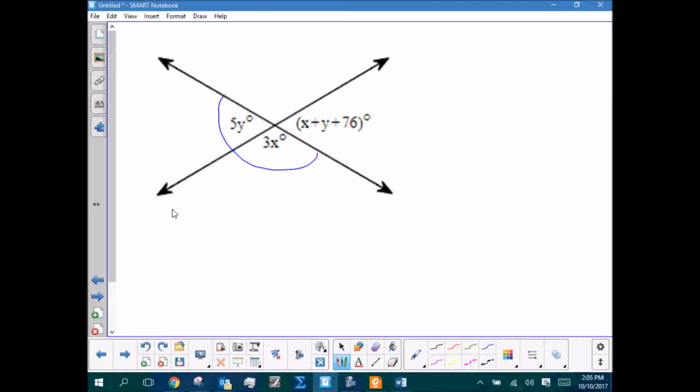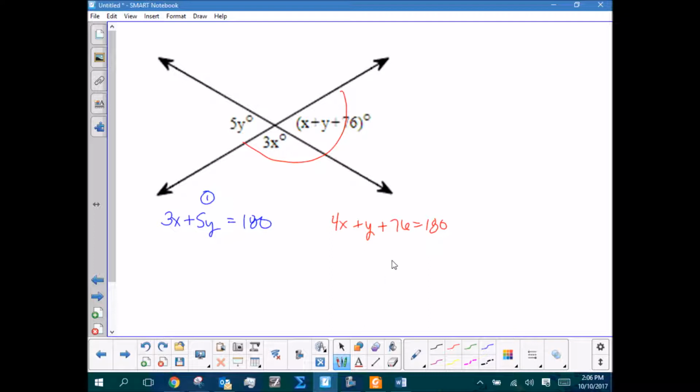So I'm going to go 5y plus 3x should equal 180. Okay, it's equation 1. Okay, can I say a similar argument about those two things? All right, so I'm just going to combine those. That's going to be 4x plus y plus 76 equals 180.